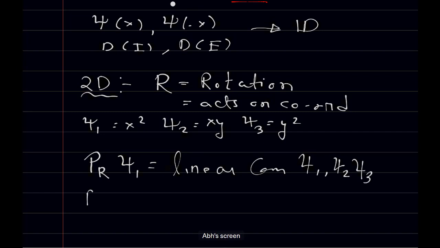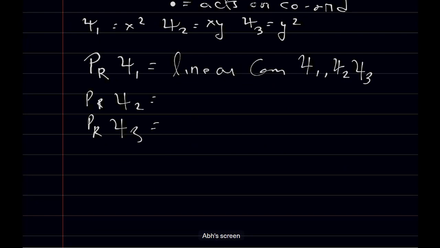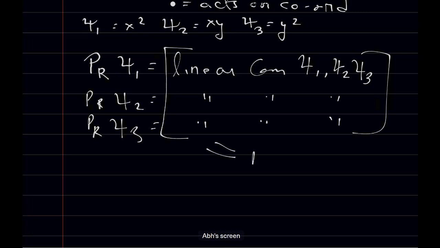Similarly, we do P of R acting on psi1, on psi2, and on psi3, and there is the same linear combination, and this linear combination later will help you form a matrix, and this matrix turns out to be the matrix representation of P of R, or in a better way, the matrix representation of R, not P of R but R.